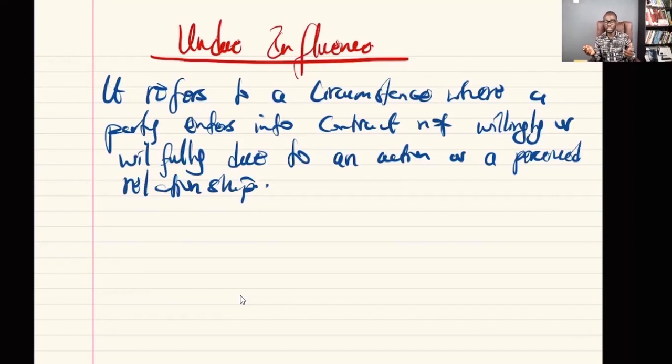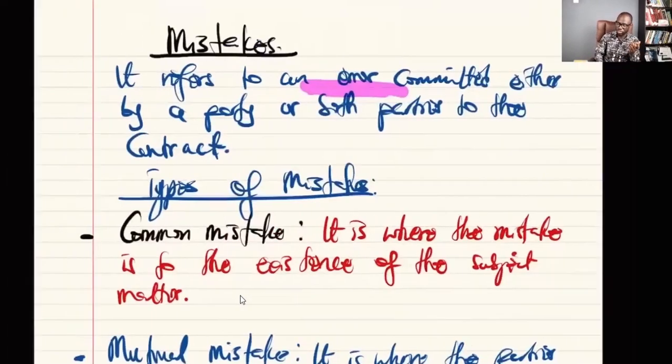The solution available here will definitely be rescission. You just let it go, because whatever has been entered has been entered. You can sue the person who is doing this against you, the indirect force. That is the idea about undue influence.